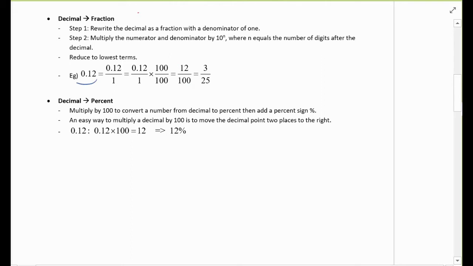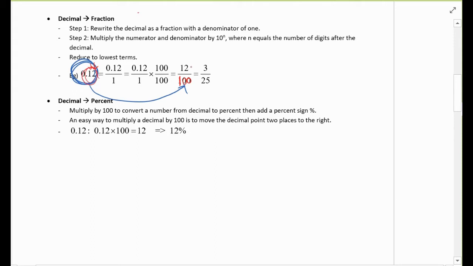So simply, when you change from a decimal number to a fraction, you count the number of decimal places. You have 2 decimal places. Then you write 2 zeros in the bottom, and that becomes 100. So you have to think about the number that has 2 zeros among multiples of 10. That's 100, and 12 over 100.